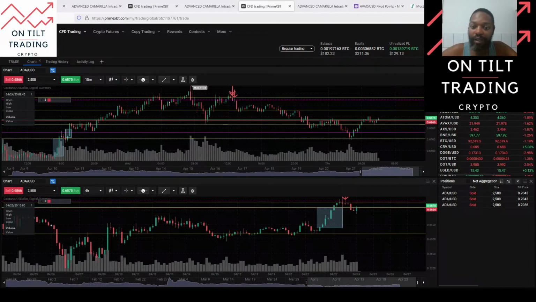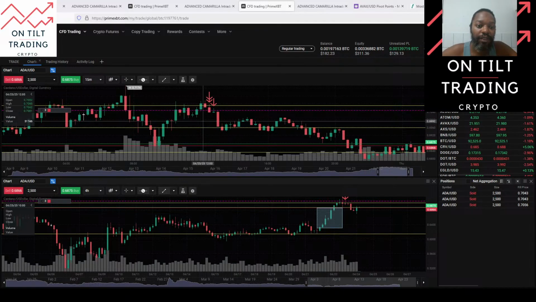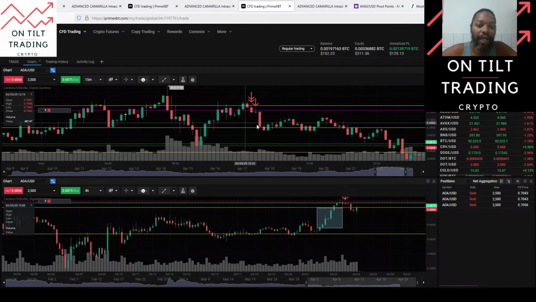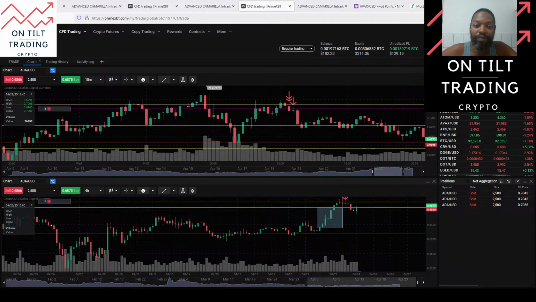I'll go up and I'll show you my stops. Ideally, I was watching other currency pairs, and I wound up canceling my limit order, but I had a limit order out for right here, any price action that went into this order block. I had a limit order set to trigger at the open of this bearish order block right here.